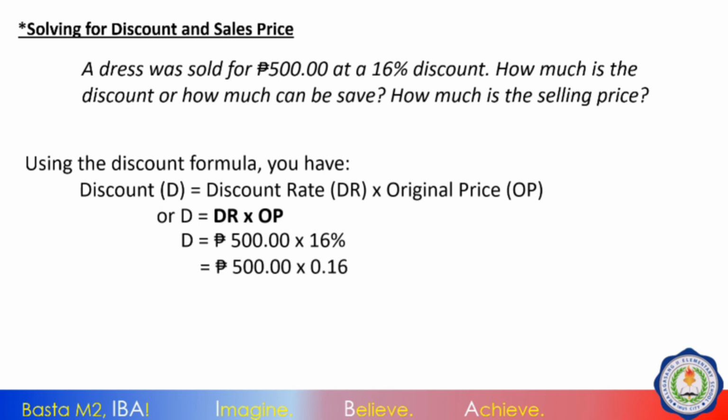Before multiplying the two numbers, we need to change the percent form of the discount rate to decimal form, which is 0.16. And the answer will be 80 pesos. Now, we can say that the discount of the dress was 80 pesos.